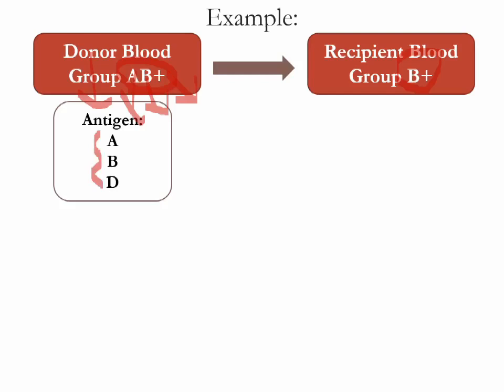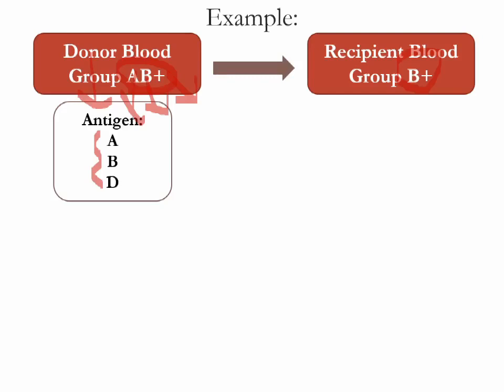And for the recipient, we said we're going to look at the serum. His blood group is B positive. So what are the antibodies which are in the serum? Yes, he has anti-A. Does he have anti-B? No, because he has a self-antigen. Does he have anti-D?